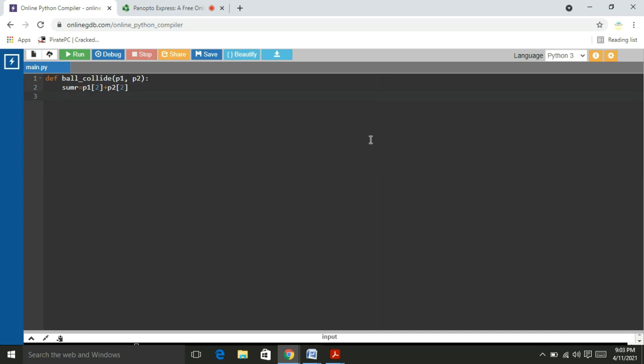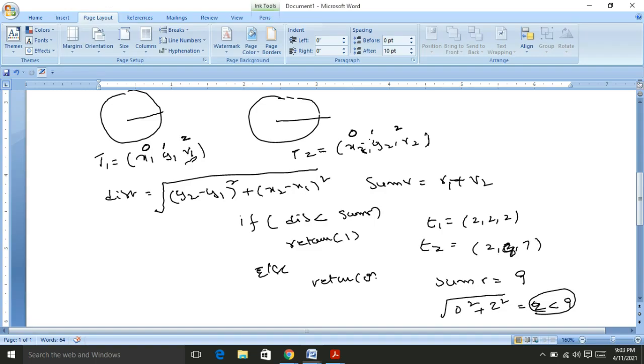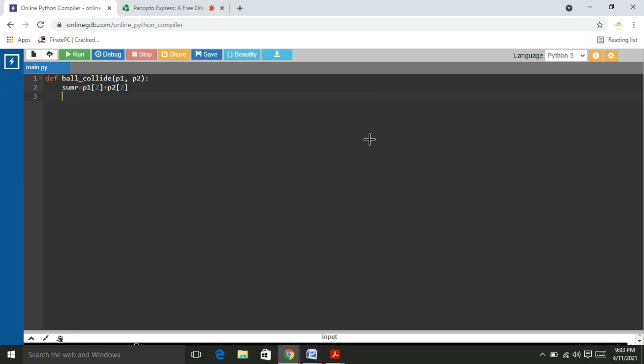To calculate the distance, we know that y2 minus y1 and x2 minus x1. So y2 minus y1 means p2 of 1 minus p1 of 1. Here I am going to use dist as a distance variable, and I am going to use the square root later.